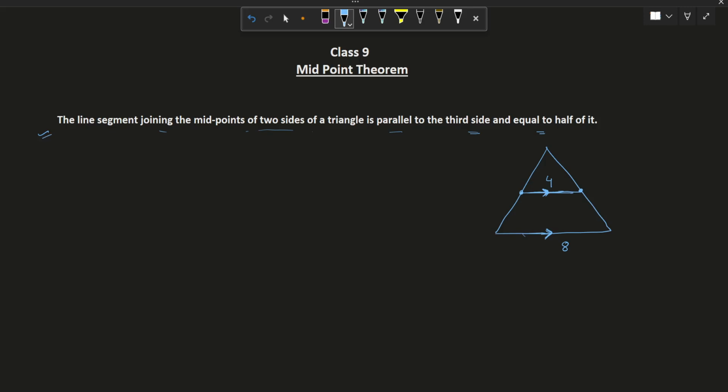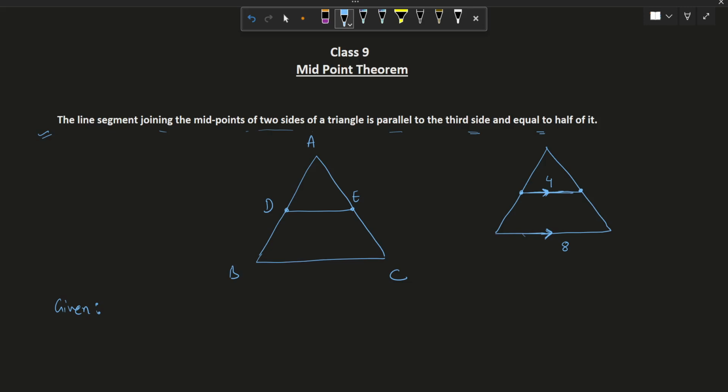So let's start with a proper figure over here. Whenever a theorem is being asked, you need to draw a figure first. And we have the two midpoints here. Let's name them D and E respectively and join this line. The first step in proving a theorem is always to write the given.